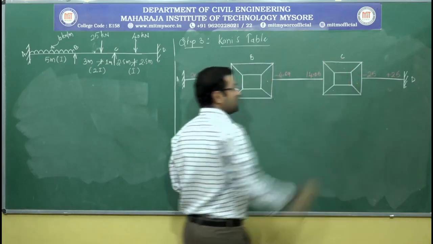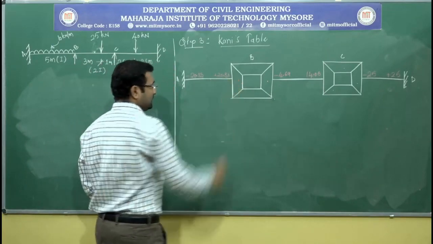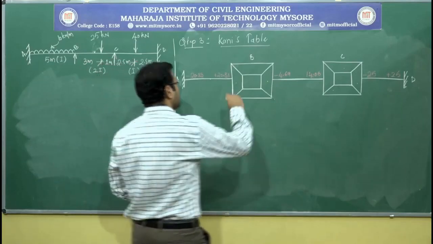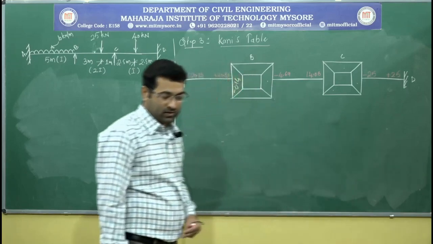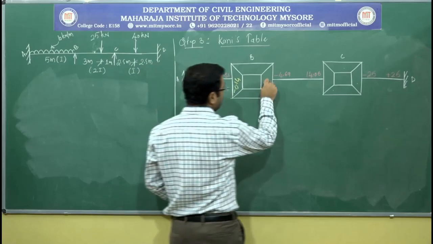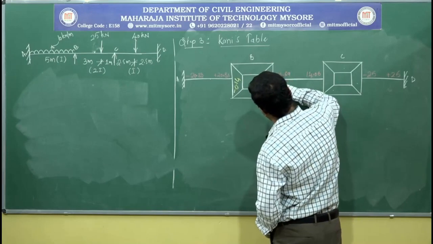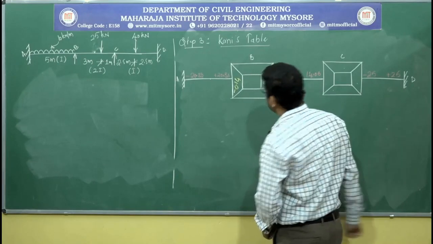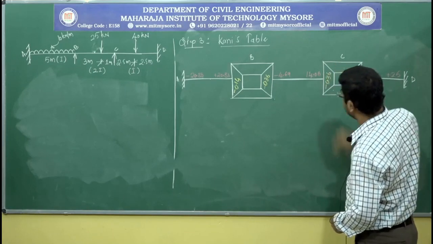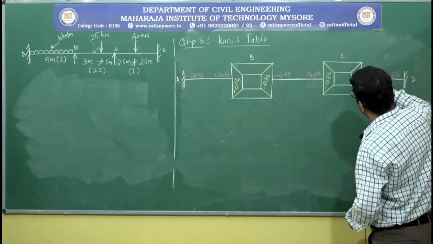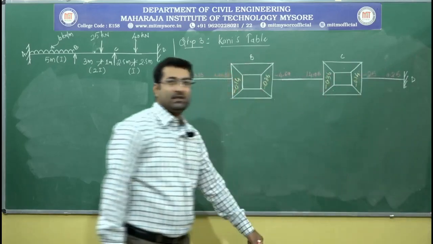For the BA member, the rotation factor as per our calculation is minus 0.14, and for the BC member, it is minus 0.36, and for the CB member it is again minus 0.36, and for the CD member it is minus 0.14.